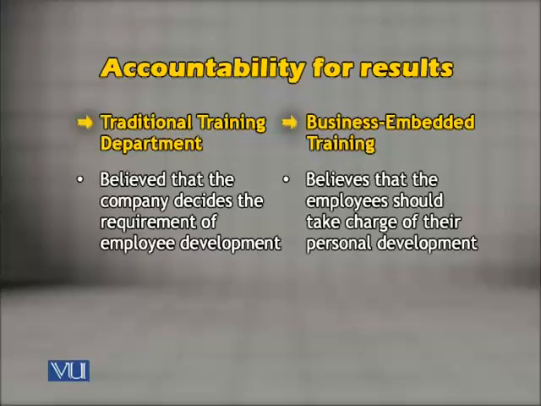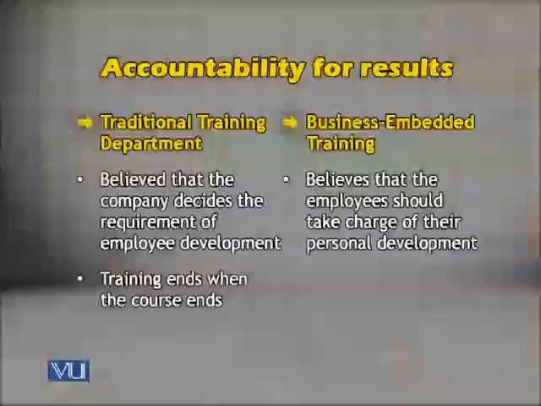Whereas a business embedded training model believes that the employees should take charge of their personal development themselves. So the company is not going to decide which person wants to develop in which way. The employee has to decide their own personal growth.